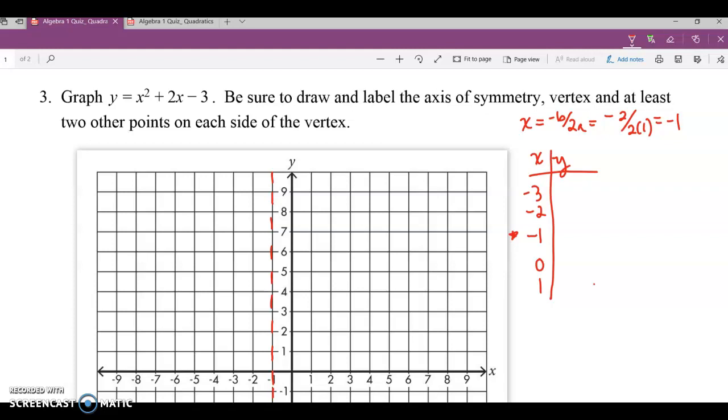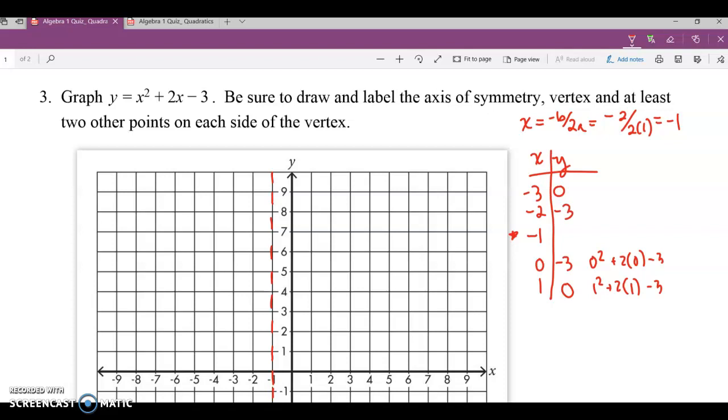If I plug in 1, I get 1 squared plus 2 times 1 minus 3. That comes out to 0. By symmetry, I know that negative 3 would also come out to 0. I plug in 0 for x. I get negative 3. By symmetry, I know that if I plug in negative 2, I'll also get negative 3.